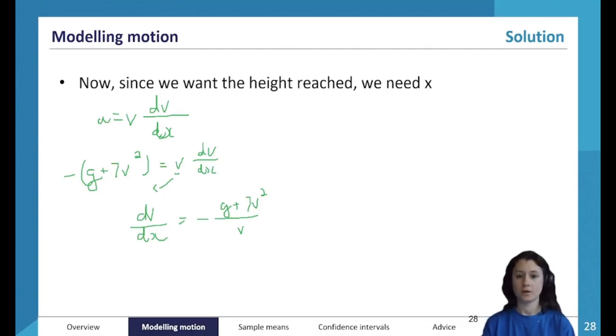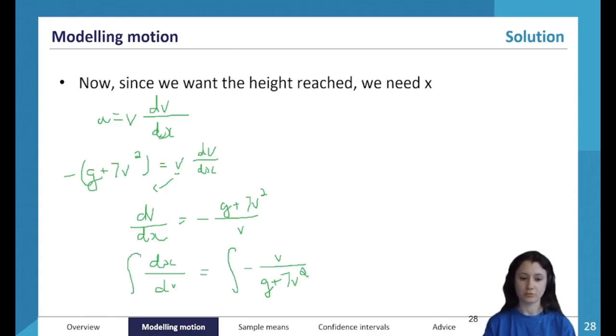We want to isolate x, which means we want to have dx on the top. So we're actually going to invert this whole fraction. Now that we've done this, we can solve this differential equation.